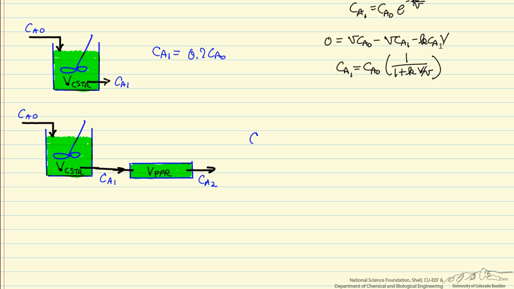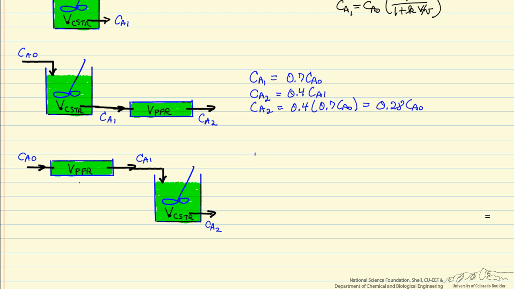So let's look now at having these reactors in series. For the CSTR, Ca1 is 0.7 of Ca0. And for the plug flow reactor, Ca2 is 0.4 times Ca1, which means Ca2 is 0.4 times 0.7. So 28% remains. Now let's look at what happens if we reverse the order.